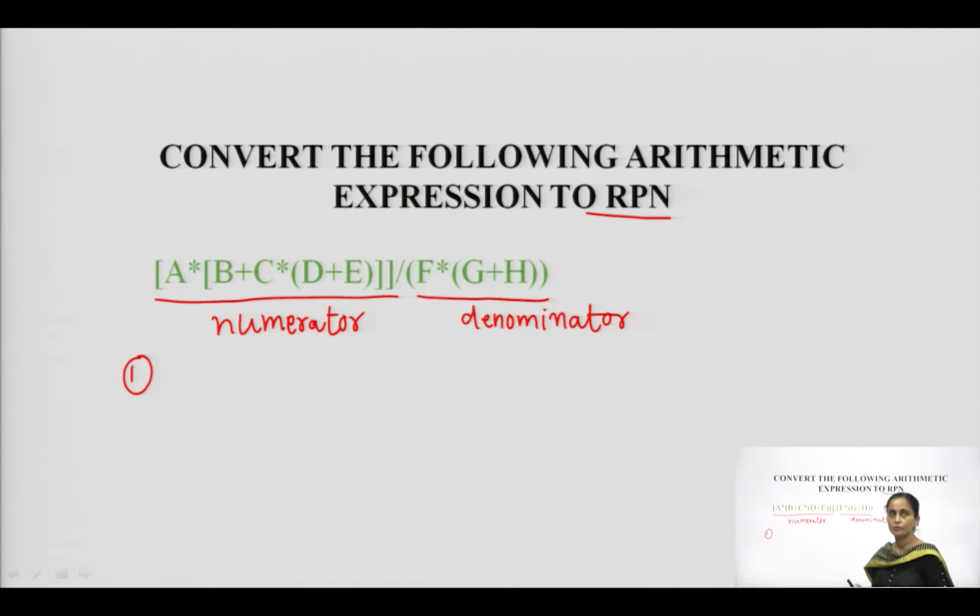Applying the BODMAS rule, the innermost parenthesis will be solved first. So, that means we will be solving D plus E. For D plus E my RPN will be DE plus.